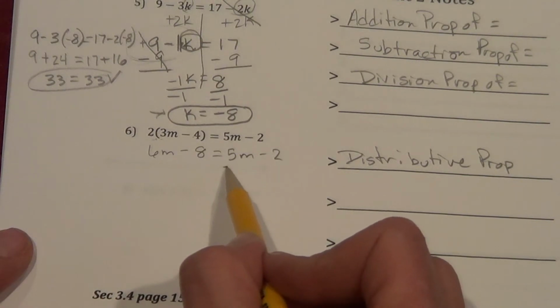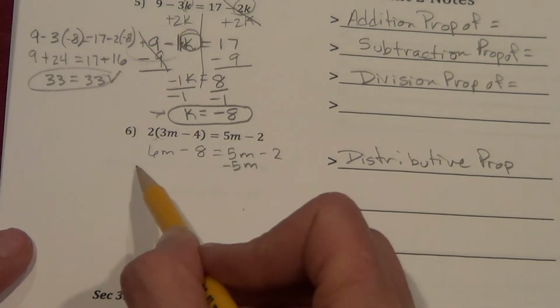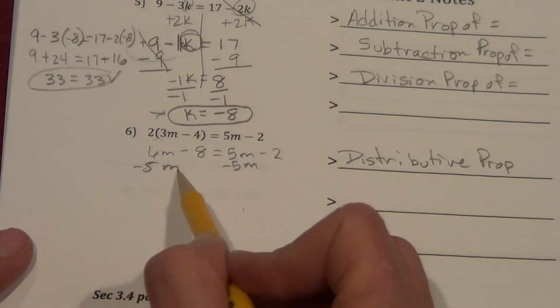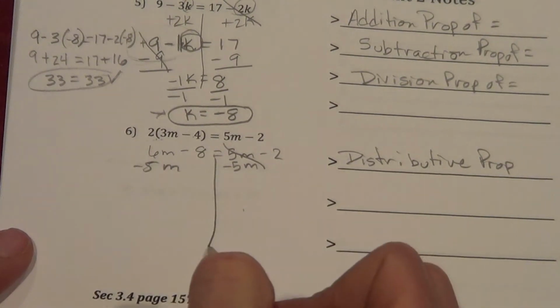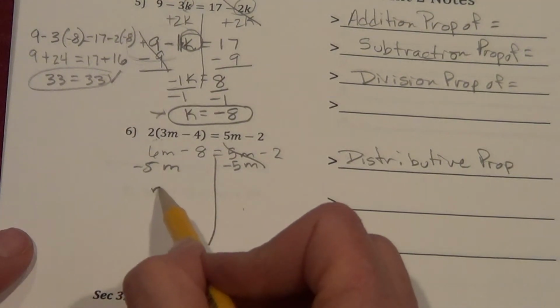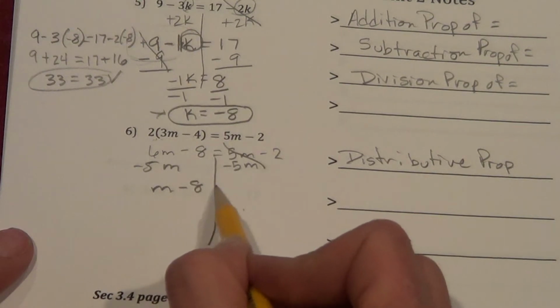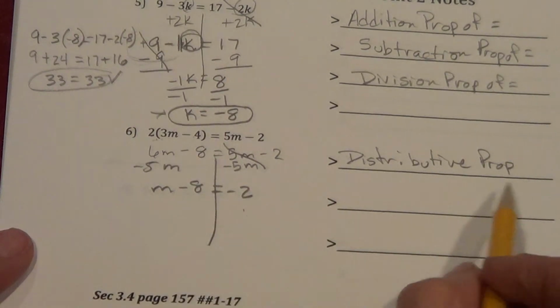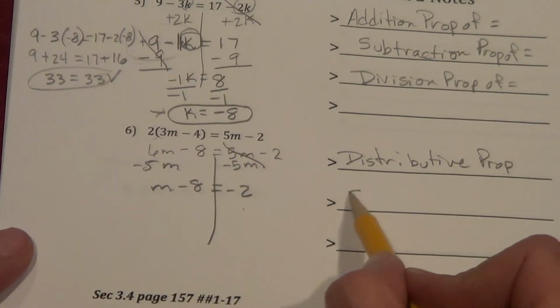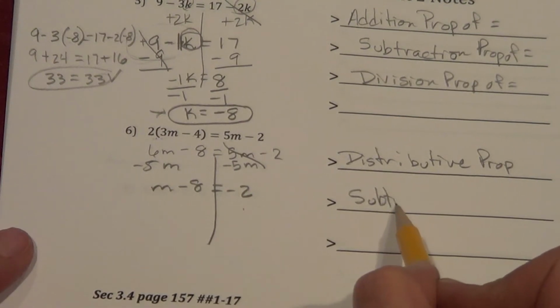Now we subtract 5m from each side. That'll wipe out. This will become 1m minus 8 equals negative 2. The property that we did was a subtraction property of equality.